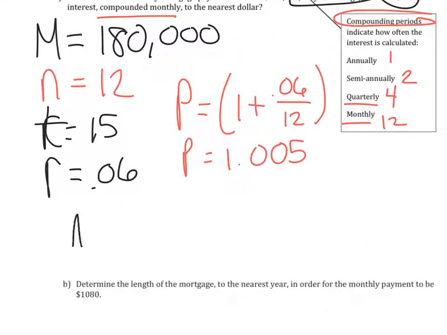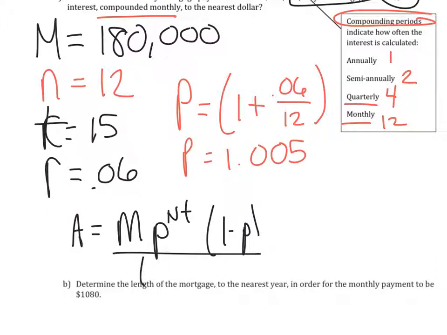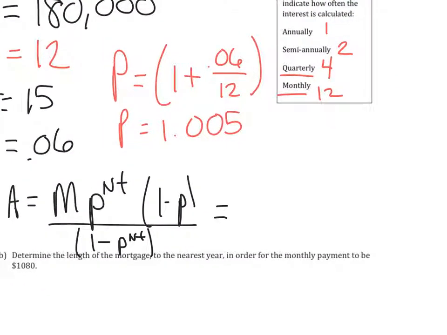Okay, so A equals M times P to the NT times 1 minus P all over 1 minus P to the NT. So that was the given formula. So now I just need to slow down and plug everybody in.